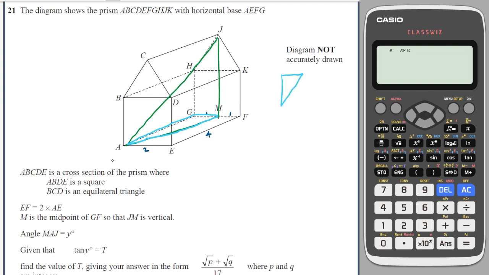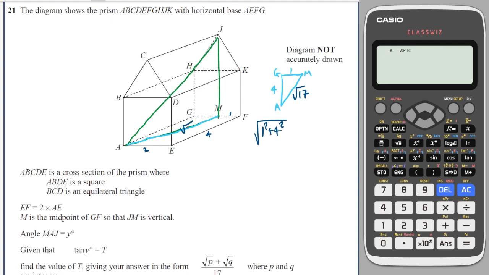And the side AG, so this will be A, G and M, and AG is 4, and GM is 1. So what I'm looking for is going to be 1 squared plus 4 squared square rooted. So that's the square root of 17. Okay, great. So I know one side of my triangle already.